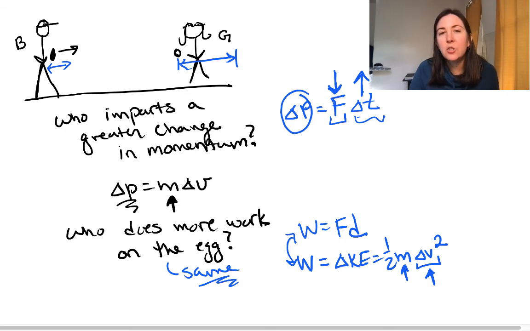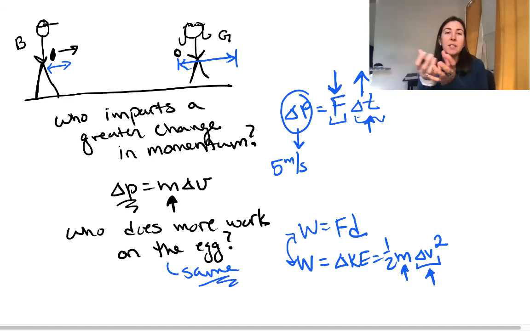But because the change in momentum is going to be the same, you have the same initial velocity, maybe that velocity is 5 meters per second, the change in momentum will stay the same. And so by increasing the amount of time that you are in contact with that object, that will in turn decrease the force. This is why airbags work.